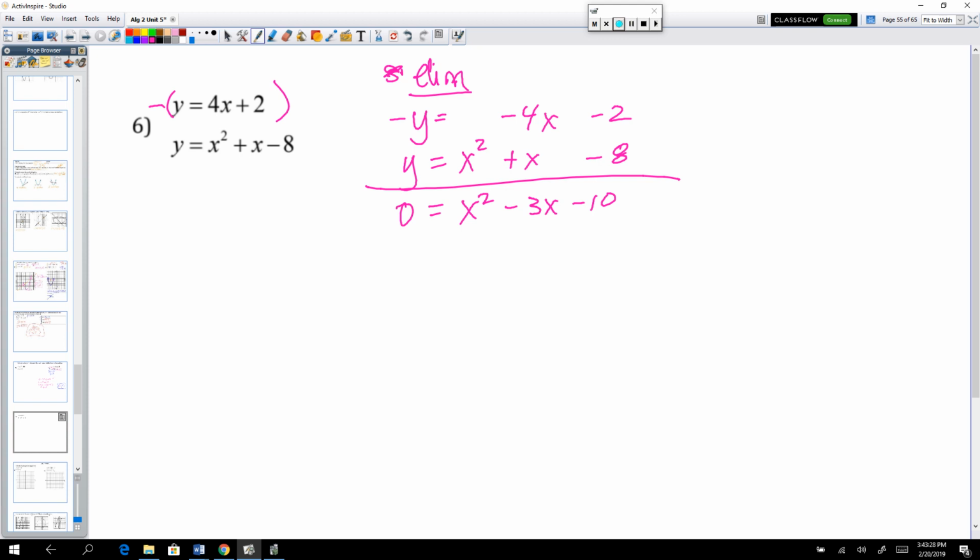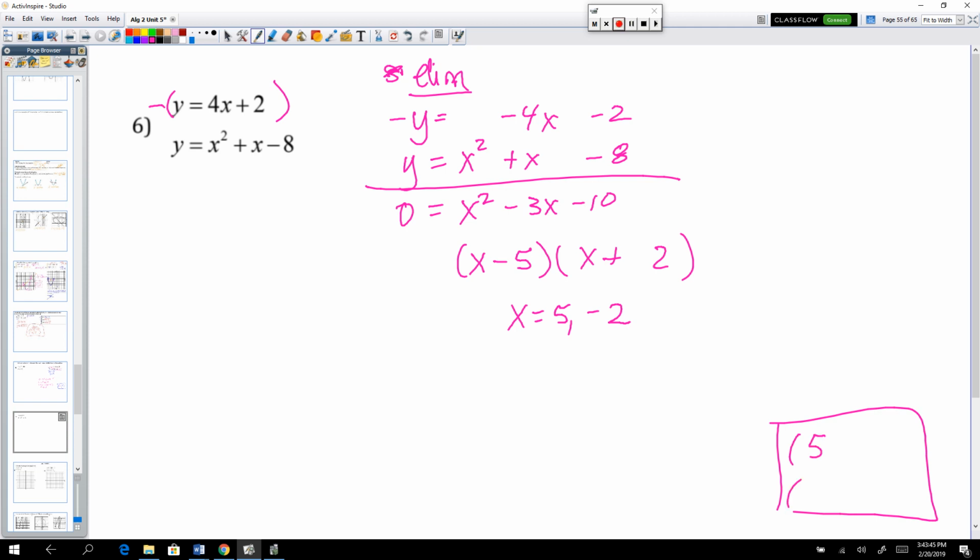If you were to factor this, 5 and 2 get you what you need, and x equals 5 and x equals negative 2. And then you're off to the races, right? You can set up your chart with the x values of 5 and negative 2, and you can plug those back in. Let me go back over to the substitution folks and demonstrate that for you.